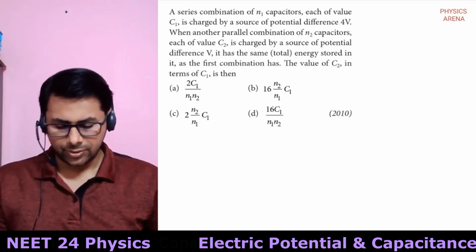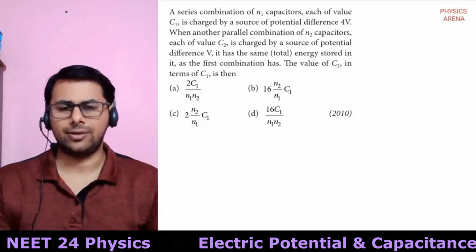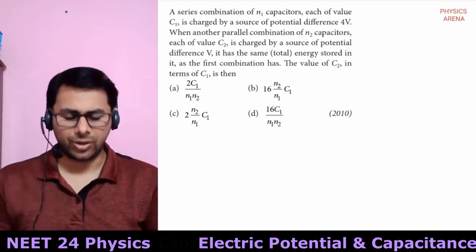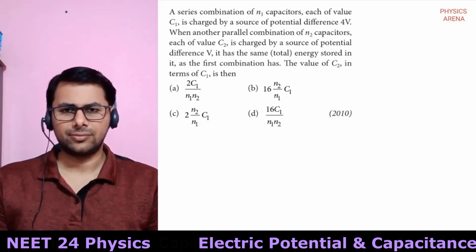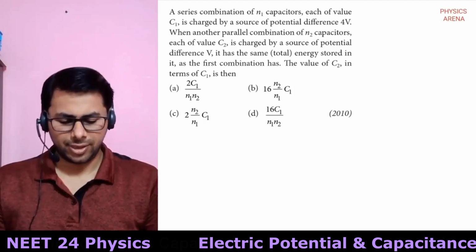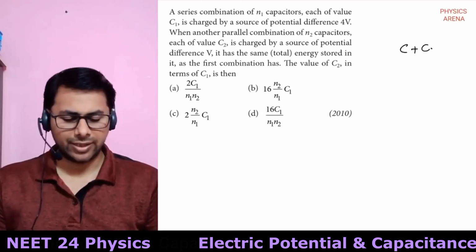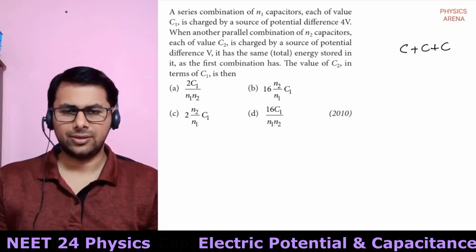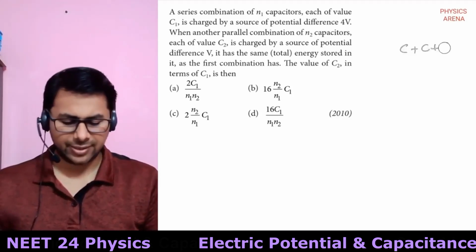So now if you connect N capacitors in parallel having capacitance C, what will be their capacitance? If you connect 2, it will be C plus C, right? 2C. If you connect 3, it will be 3C. If you connect N in parallel, it will be NC.